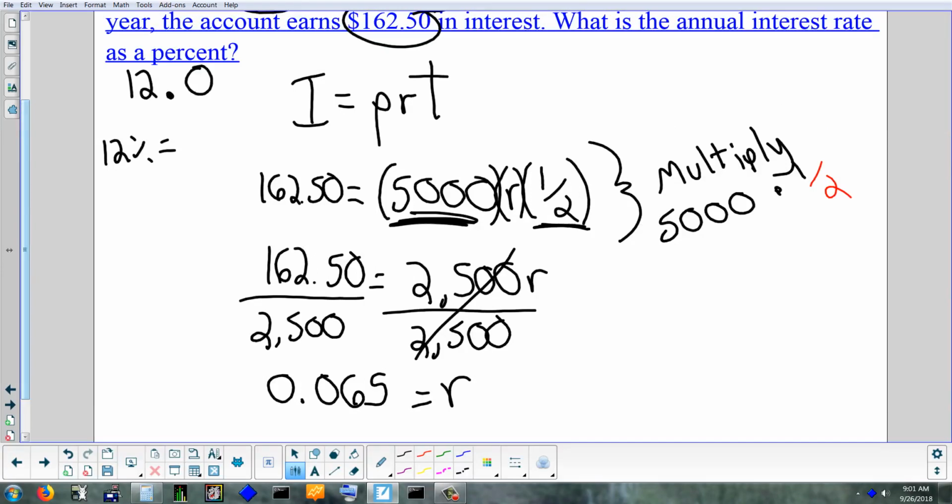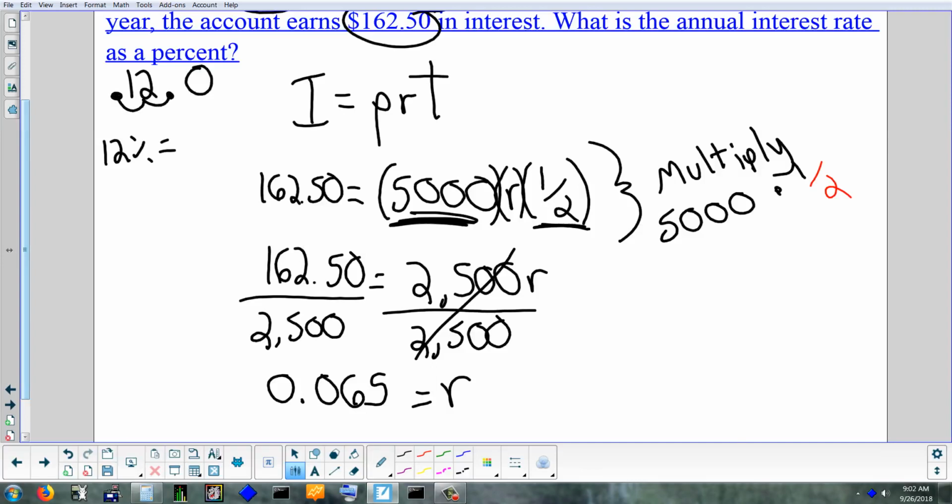Any whole number as a decimal would be 1.0, 100.0, whatever. When I want to make a percent a decimal, I'm going to move it 2 decimal places to the left.